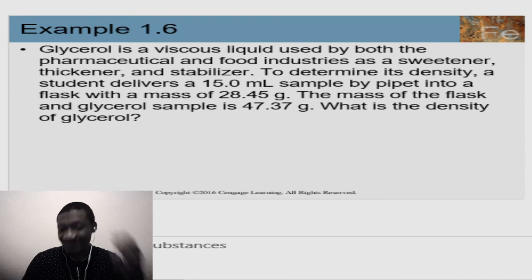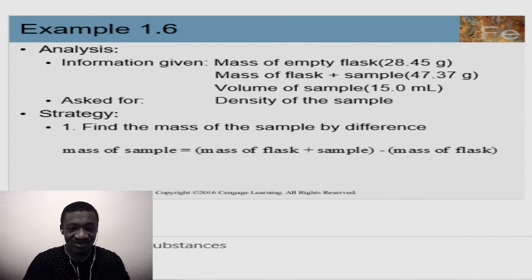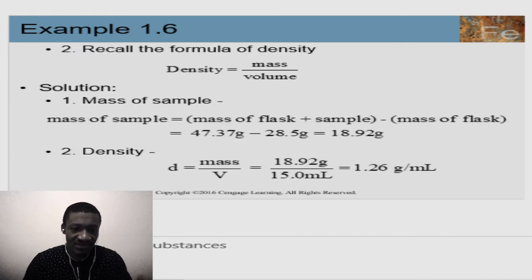So I'm guessing you tried. Some of you didn't even bother, so let's just go for it. We know the mass of the flask, and the mass when glycerol was added. So basically we subtract the empty flask's mass from the mass with glycerol. So we find the actual value of the mass and then divide through. When we subtract, we have the value.